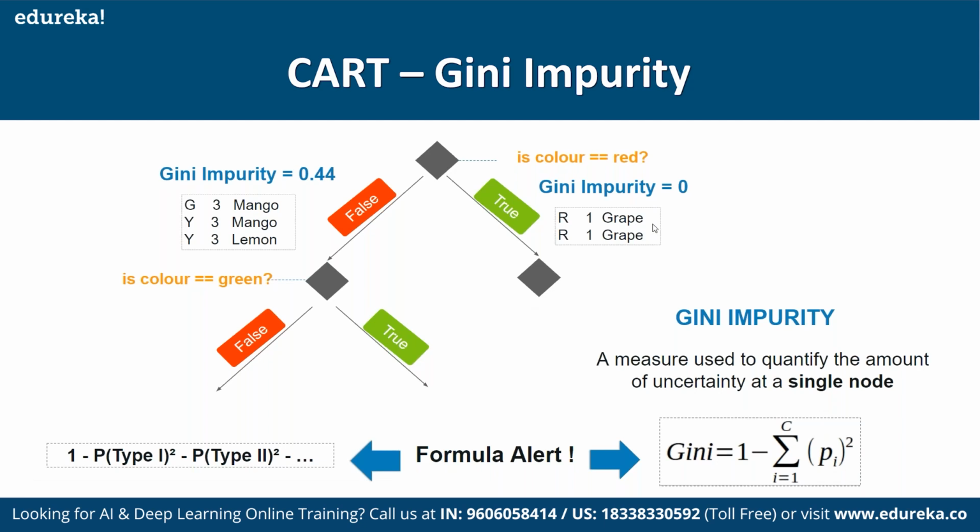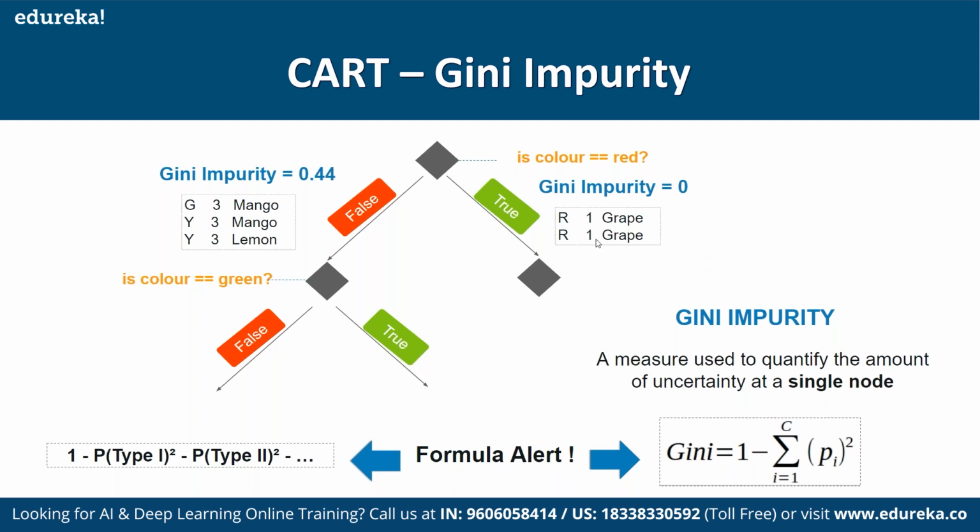There are two data points here, right? Both are for grape. So what is the probability of the first one? 1 by 1, right? Or say 1 by 2, and again 1 by 2, right? So in that case, what will happen? We'll do 1 minus the sum of the probabilities of each of the cases that we have.